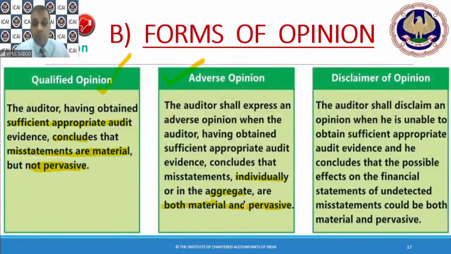The misstatements are creating a chain of misstatements. One misstatement is leading to another, further a third, and it is a chain which is affecting each and every element, account of the financial statements. For example, cash transactions.